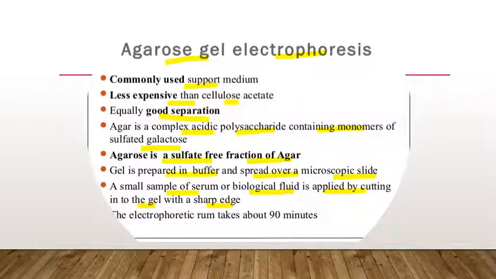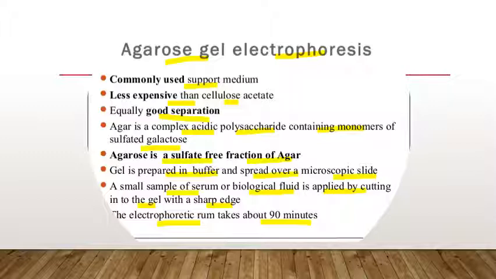The electrophoretic time takes about 90 minutes in the agarose gel electrophoresis. So the gel can be prepared by mixing the agarose powder with the buffer solution and heating it up to 40 degrees centigrade. It easily converts into the gel.